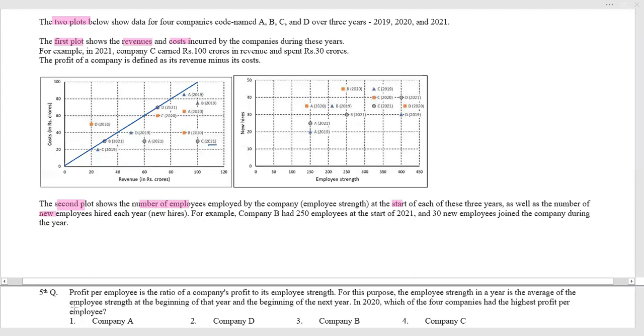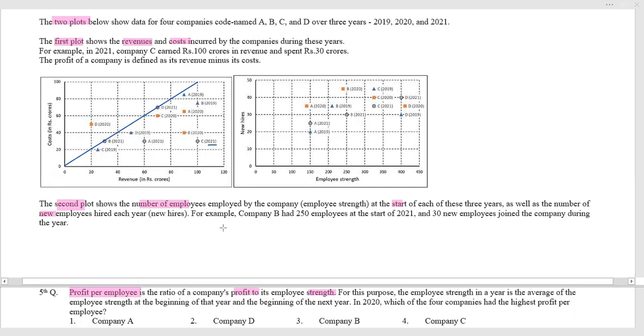Now, fifth question, profit per employee. Profit per employee is the ratio of the company's profit to its employee strength. Profit, from that blue line I have drawn, right hand side movement is the profit.